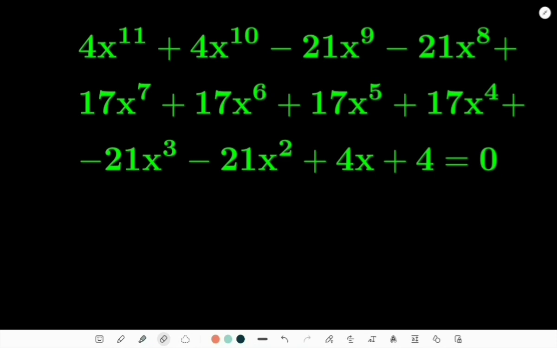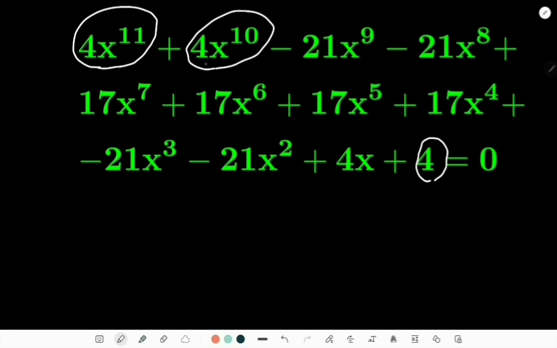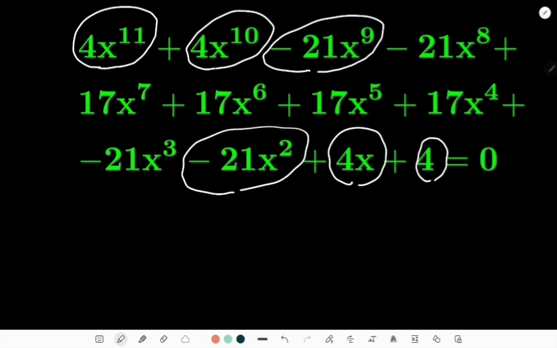But if you pay attention to the coefficients of different terms, you notice maybe an interesting thing. If you pay attention here, you have 4x to the power of 11, and then here you have 4. These are the same. Then you have 4x^10 and 4x. Again, the coefficients are the same, and then x^9 with minus 21, and x^2 with minus 21, coefficients are the same.